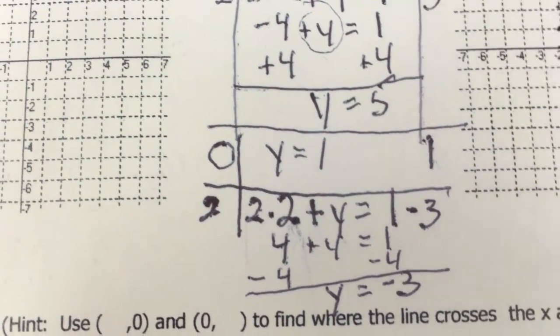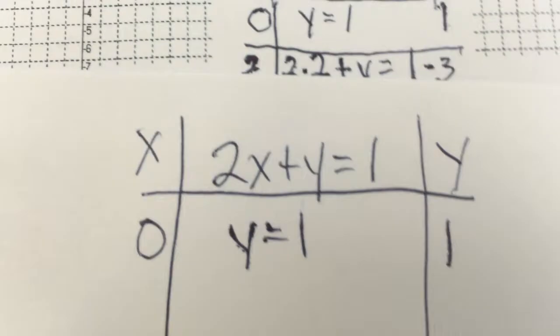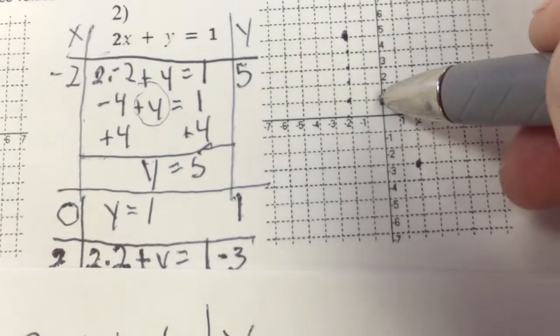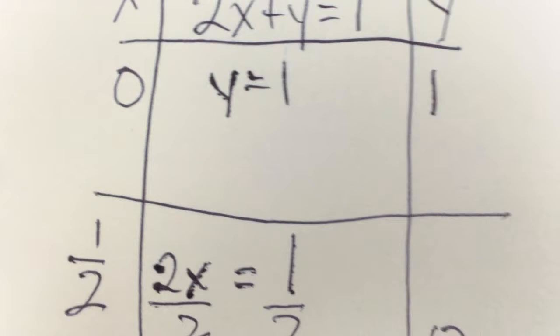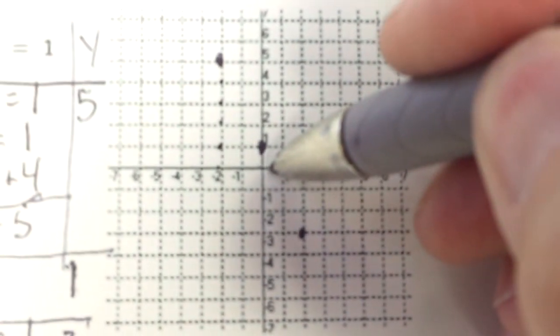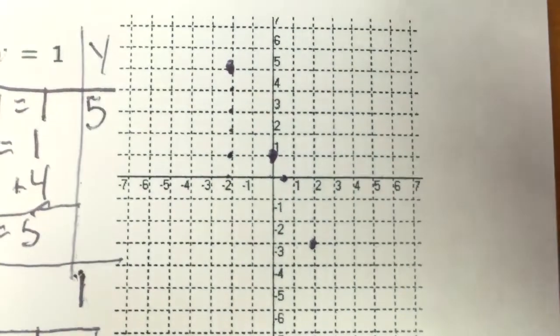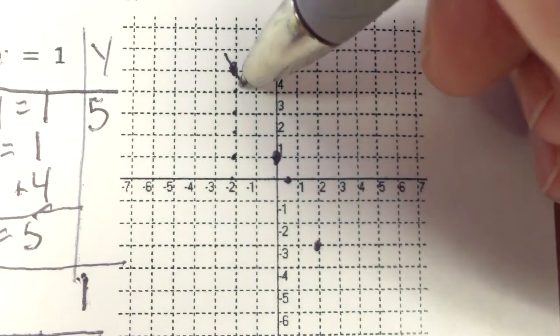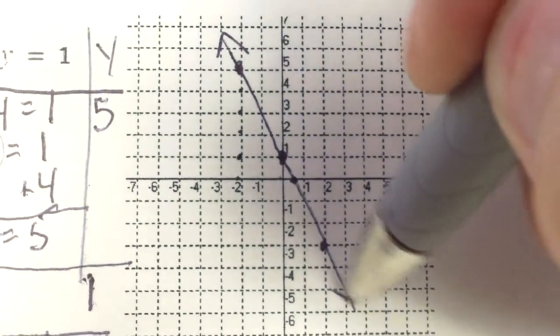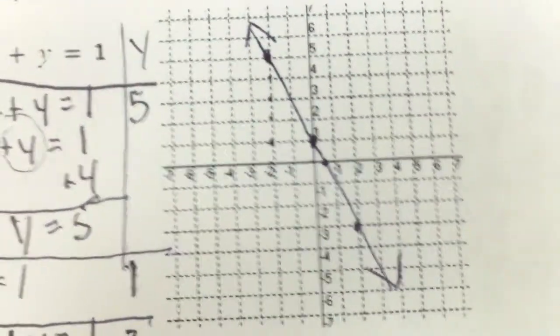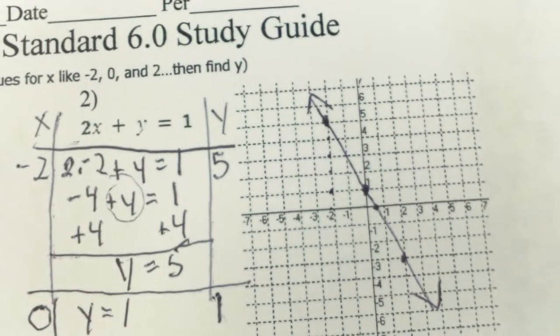And now we're going to graph it using the x and y intercepts, which are 0, 1, which we already had, and 1/2, 0. Well, if x is 1/2 and y is 0, that's a point right there. So when we graphed it using our x and y intercepts, it was the same line that it was when we graphed it using our function table with 3 random values for x.